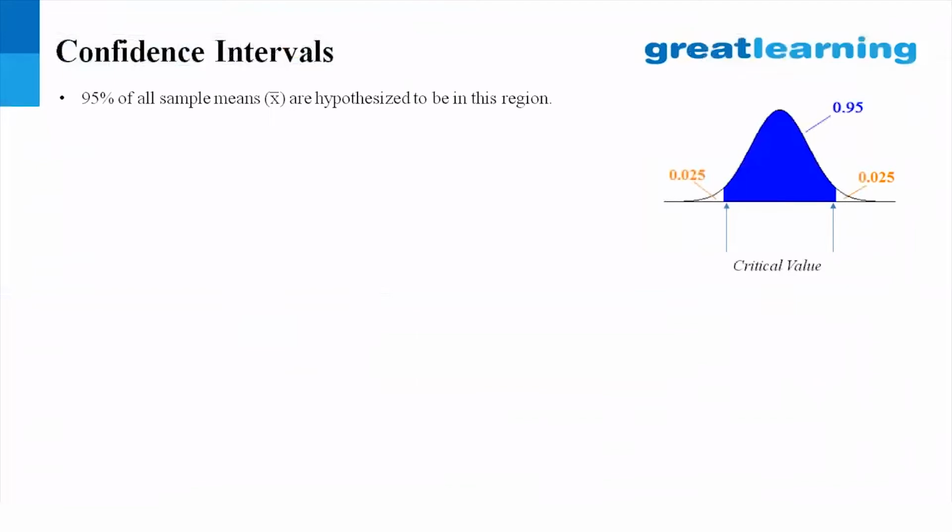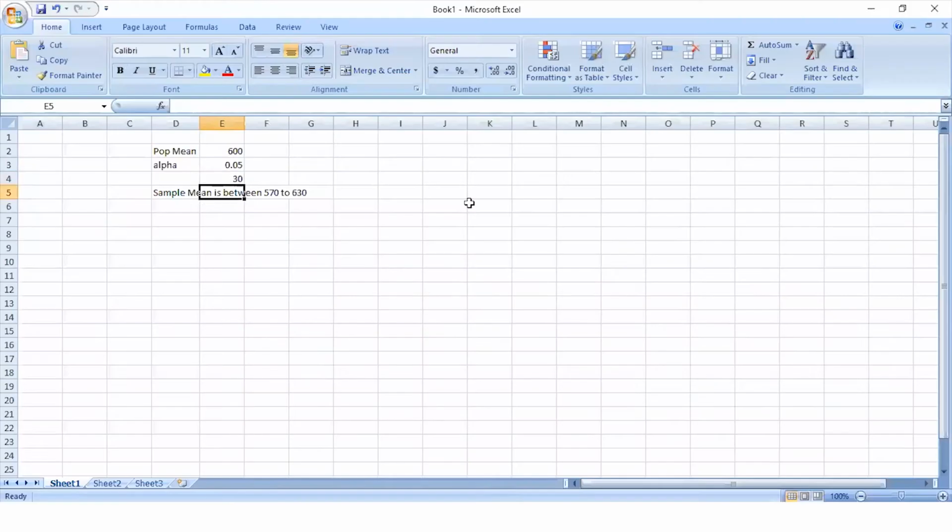So when you're working with a case study where it tells you that you have a 95% confidence interval, a 95% confidence interval is equivalent to saying that your alpha is 0.05. I should have done it as 15 here on either side. So this should have been 585 to 615.